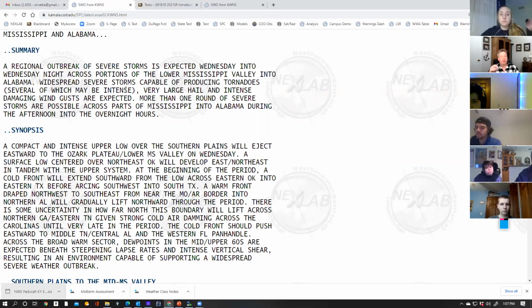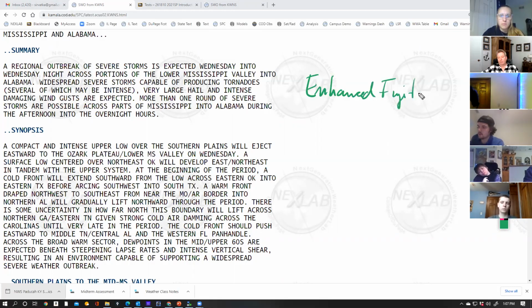On the tornado spectrum, do you know what the scale that measures tornado strength is called? What's it called? Lena, you remember? Is it the Fujita or the Enhanced Fujita? Yeah, the Enhanced Fujita scale. This is a damage scale.